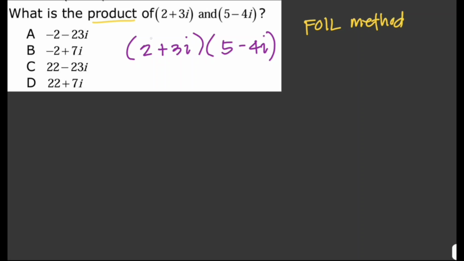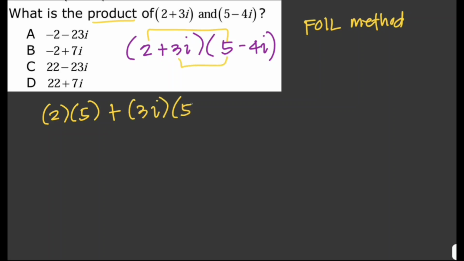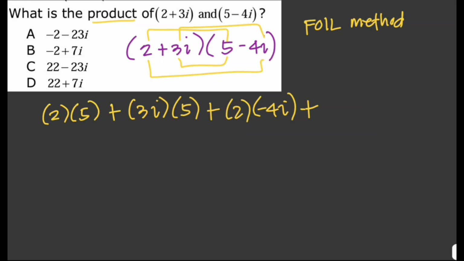Right, let's do that. So we multiply this first, 2 and 5. So that is 2 times 5 plus this one, 3i times 5, plus 2 times -4i, plus this one, 3i times -4i.